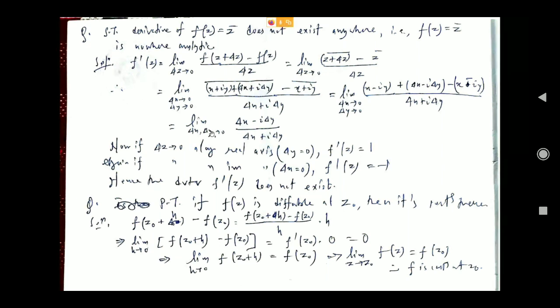So now, as I said earlier, in the complex plane there are infinitely many directions from which we can approach a particular point. Here 0 is the point, so you can visualize that there are so many paths. If you can show that you are approaching 0 by two paths for which you get two different values of the limit, then the limit definitely does not exist.